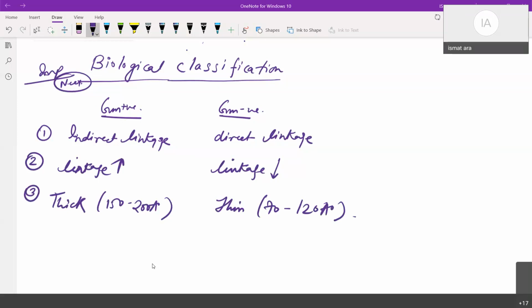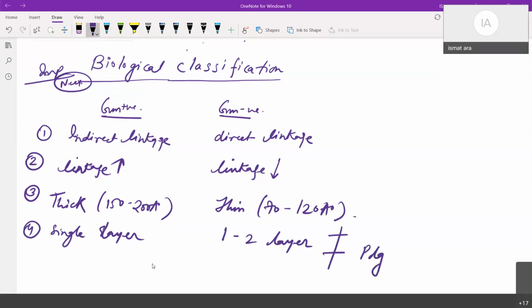And they are made up of single layer. Their cell wall is made up of single layer. They are made up of 1 to 2 layers. What are those 2 layers, student? The layer of peptidoglycan is common to both of it. Now, extra layer, that is the LPS layer. What is the full form of LPS? Lipopolysaccharide layer. This extra layer is present in gram-negative bacteria.